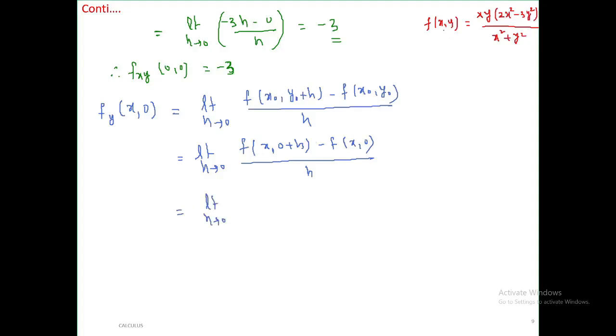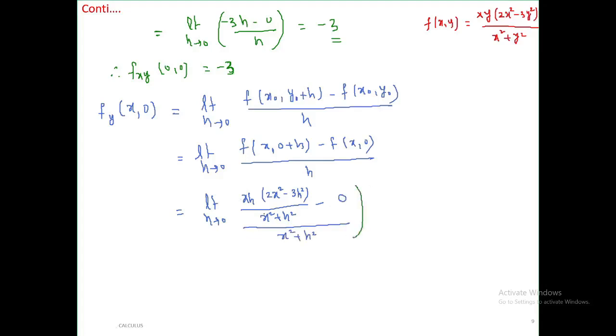Wherever there is x you write x only, but instead of y you write h. So x h times (2x square minus 3h square) divided by (x square plus h square), minus f at (x, 0), which is 0, divided by h.